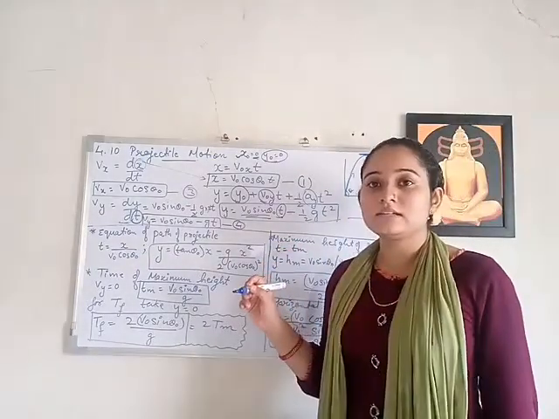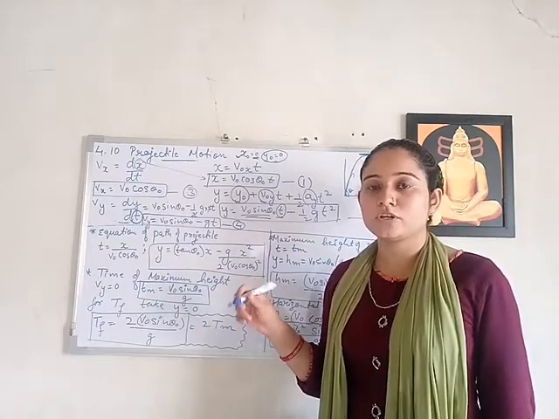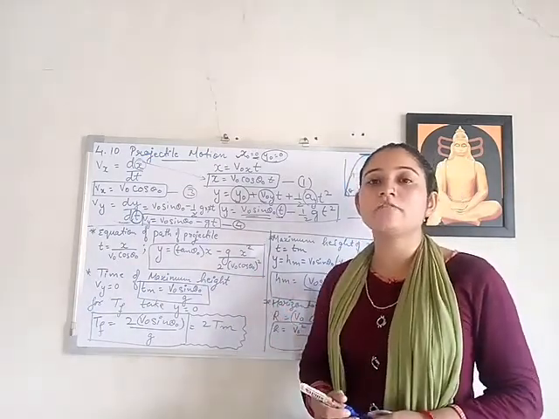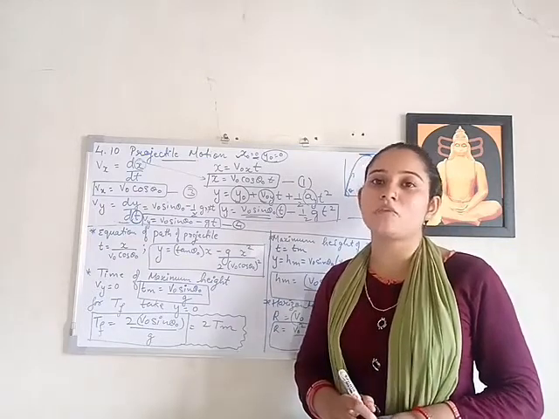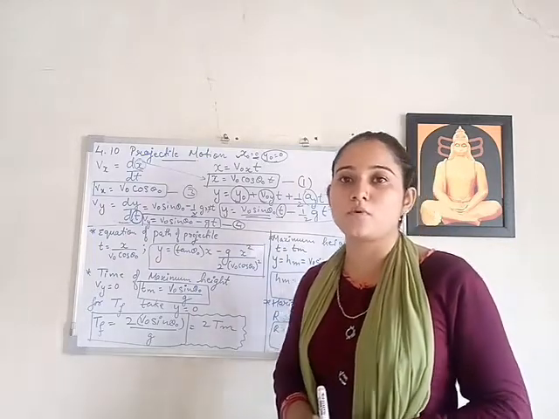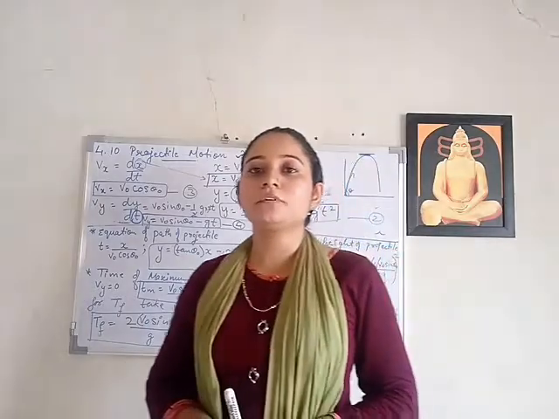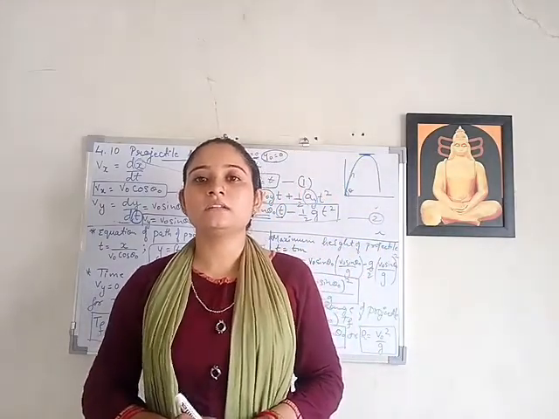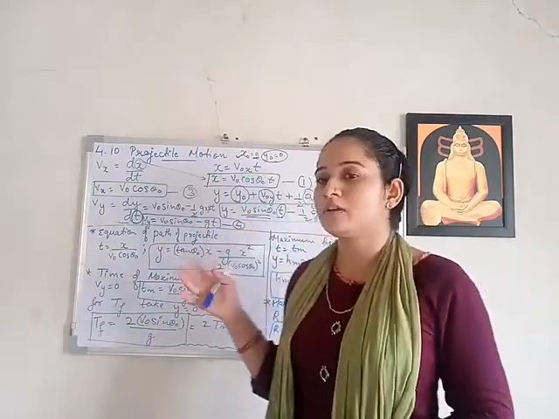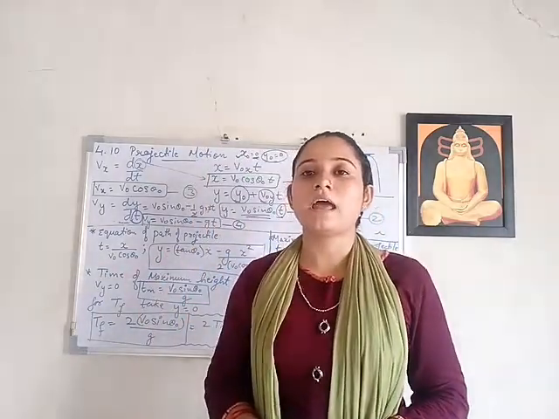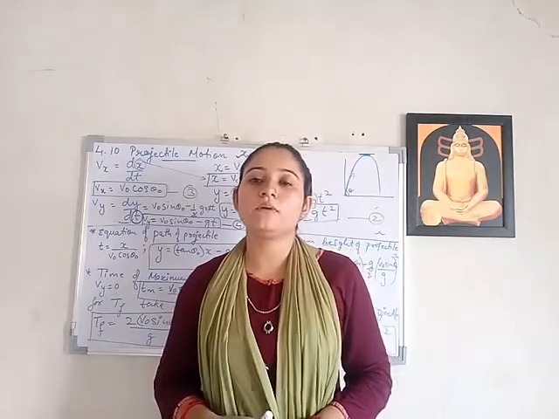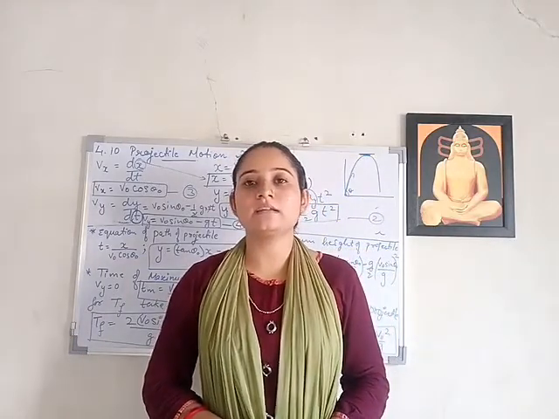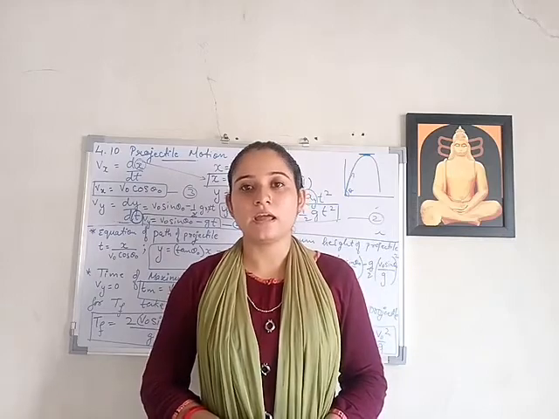Also consider that in projectile motion, while deriving all these equations and formulas, we have neglected the resistance of air. That is very important, because if the resistance of air is taken into account, then all the equations will be different, because air plays a very important role. But in all the formulas or in ideal conditions, we always neglect the resistance of air.